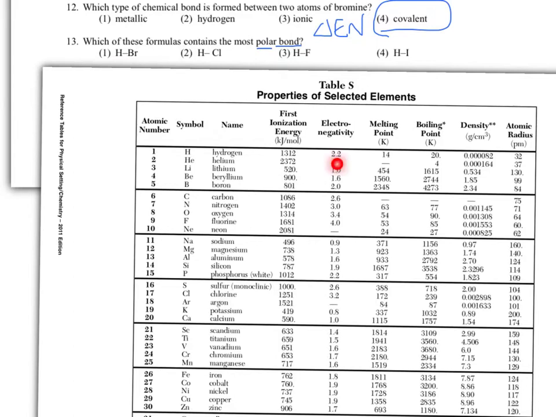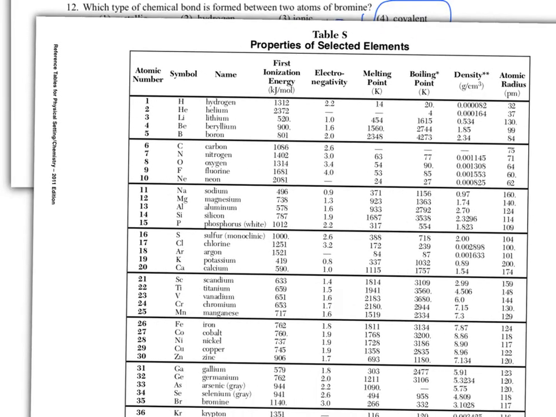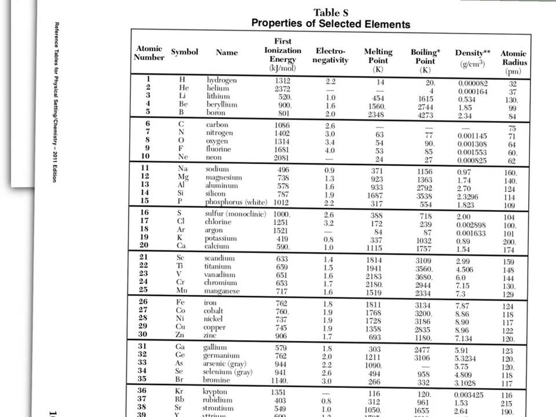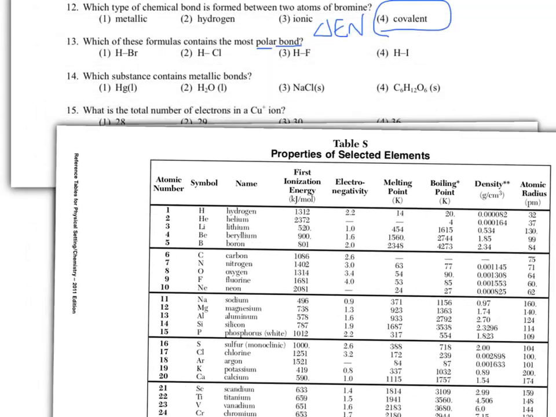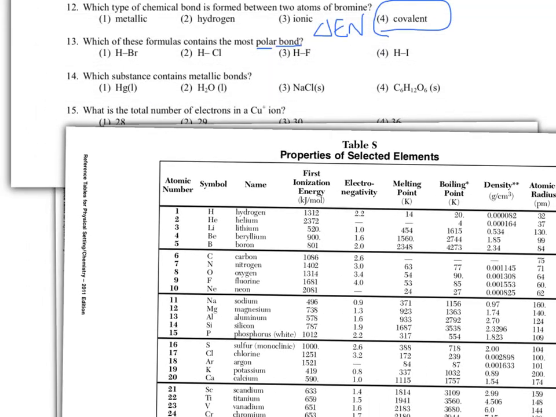Hydrogen has an electronegativity of 2.2. So we are going to find the difference of electronegativity from some number to 2.2, beginning with bromine. Bromine's electronegativity can be seen on atomic number 35, which is 3.0. So here we'll simply write down 3.0.